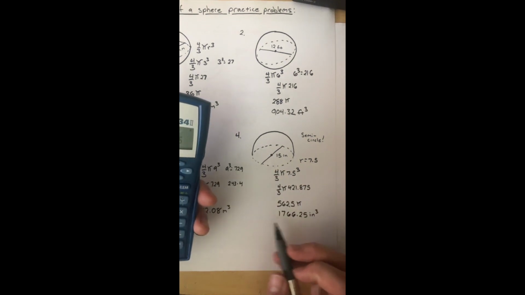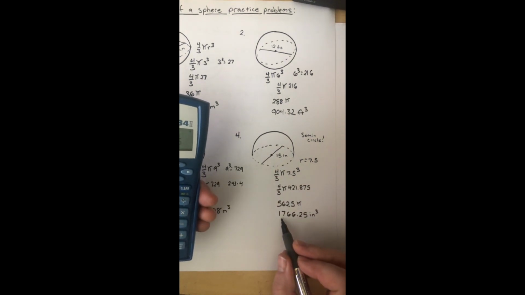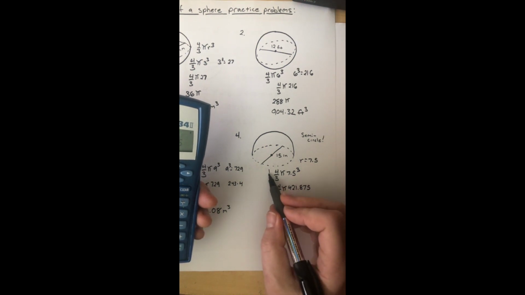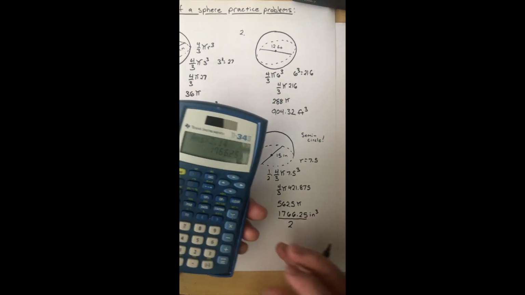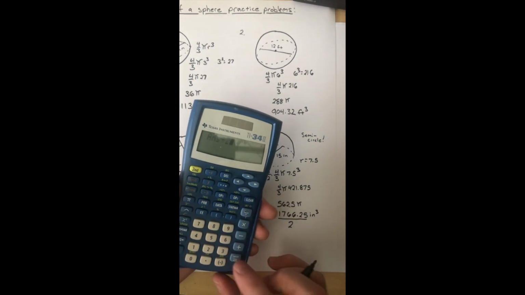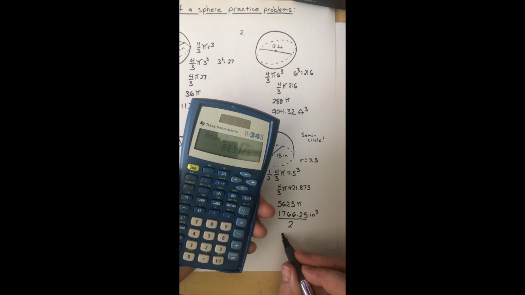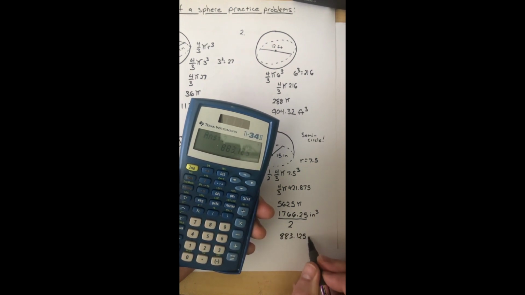So now the final step would be to divide this by 2. What could I have done differently? I could have halved in the beginning and just done 2/3, but it doesn't really matter. So divide by 2 now, and I get my final answer, 883.125 inches cubed.